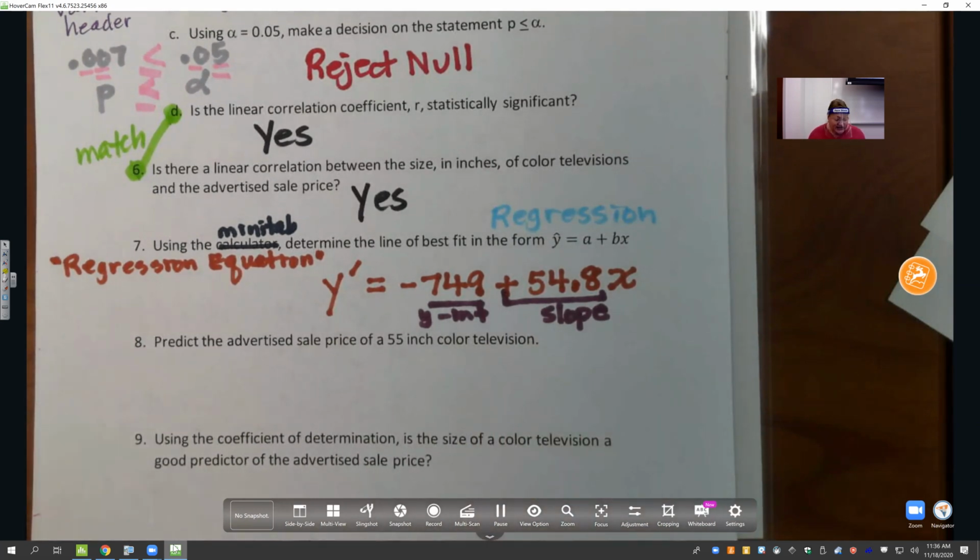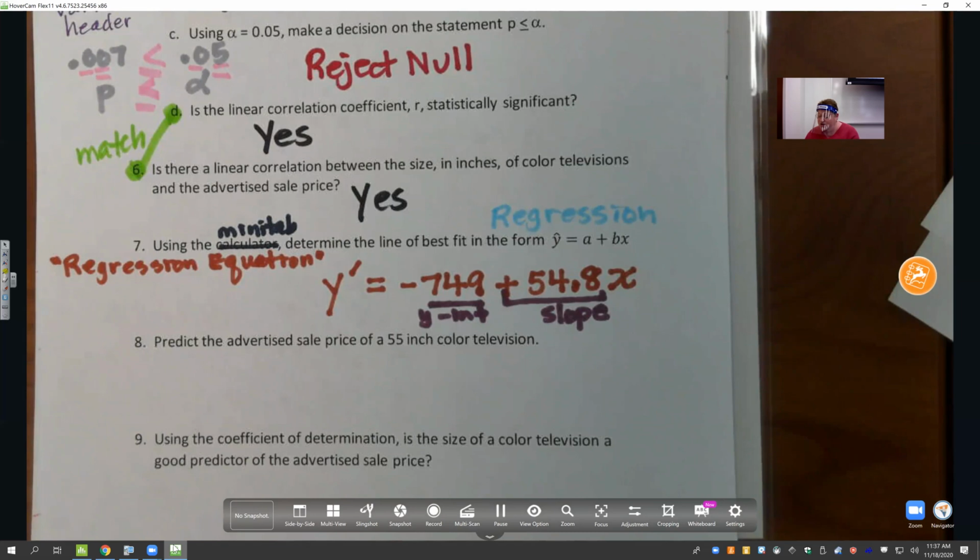What it's really telling you is that the price of the TV goes up by $54.80 for every inch that it increases, roughly. One inch bigger, you're going to have a price of about an additional $54.80.